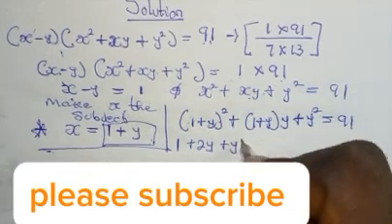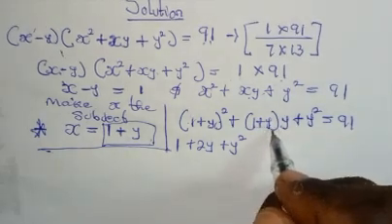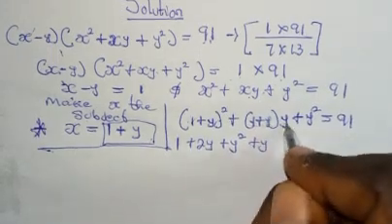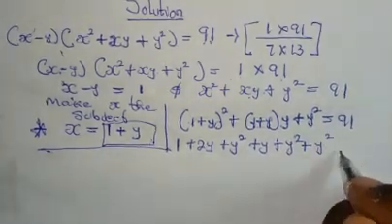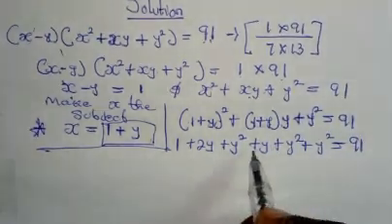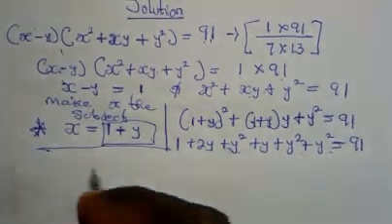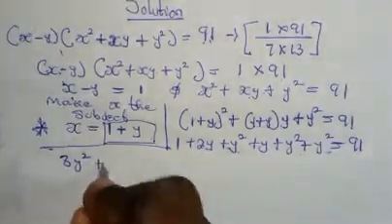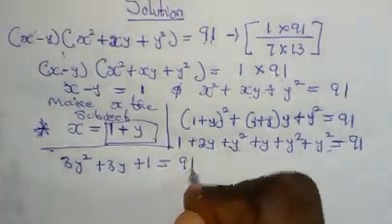And here let's expand the bracket: 1 times y is y, y times y is y squared, and here we have y squared also, is equal to 91. So we add the like terms together. This is 3, so we have 3y squared plus 3y plus 1 is equal to 91.